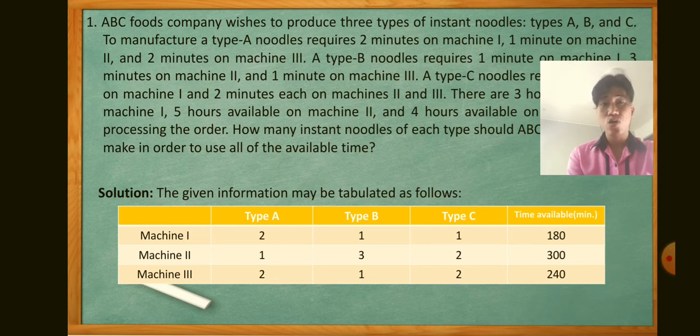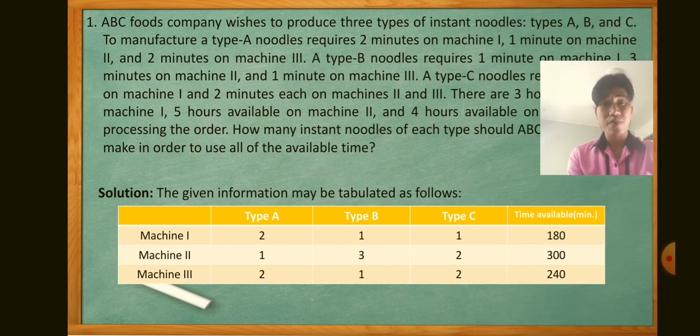Machine 2: type A is 1, type B is 3, type C is 2, and time available in minutes is 300. Machine 3: type A is 2, type B is 1, type C is 2, and time available is 240.